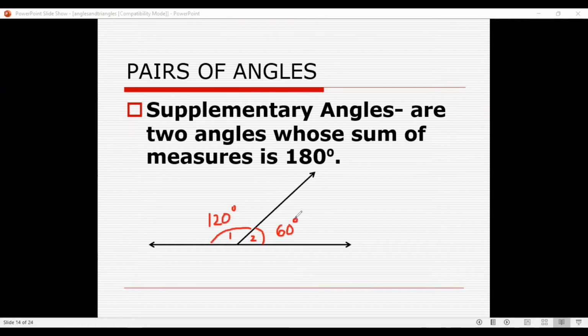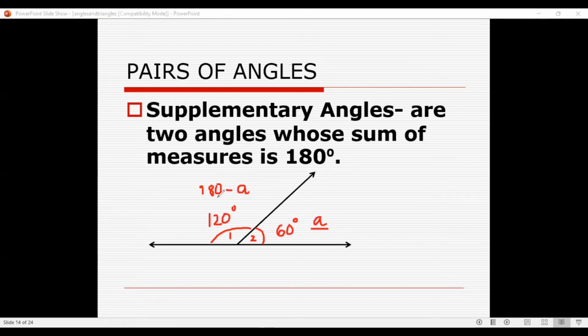If you are dealing with supplementary angles, always bear in mind that you have 180 as the sum. So, for example, you are given a measure of A here, which is a variable. Suppose this is A. Therefore, the measure of the supplement will simply be 180 minus A, because the A is in terms of a variable.